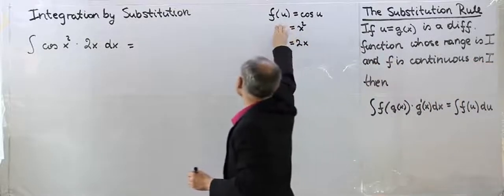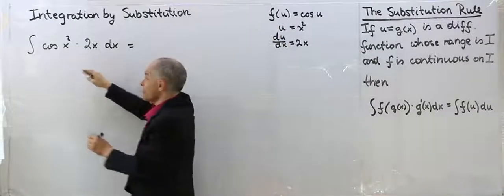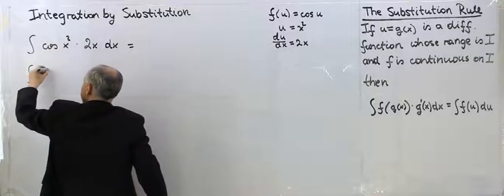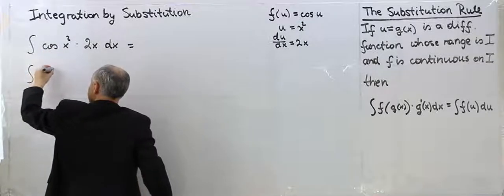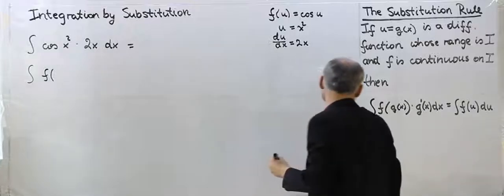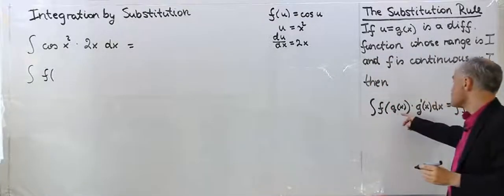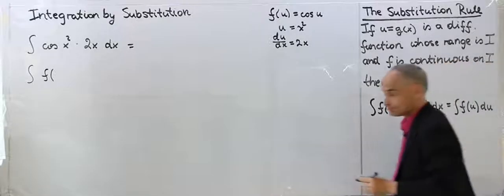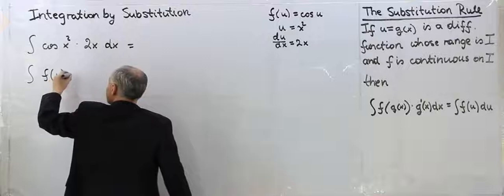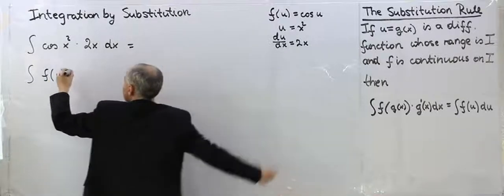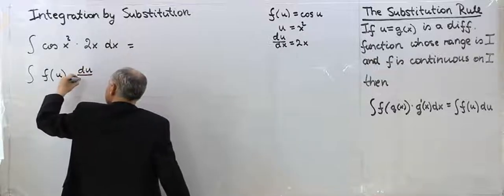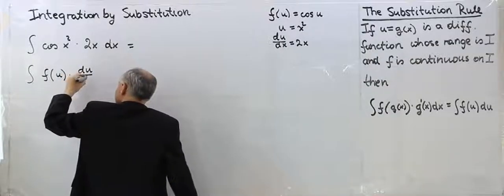If cosine of u is f of u, so here cosine x squared is f of g of x, which is u, times 2x, which is the derivative of g of x.